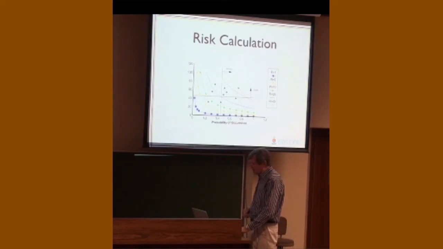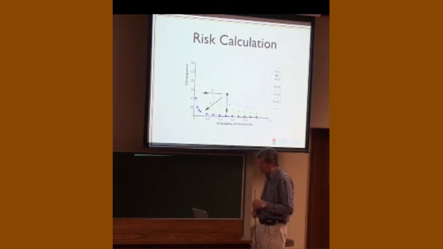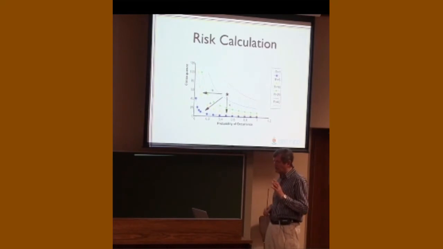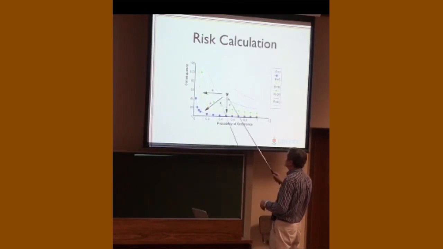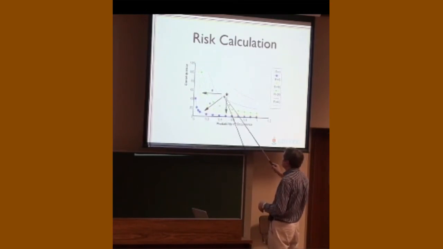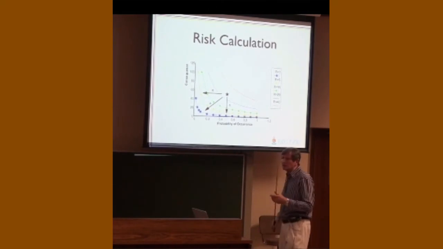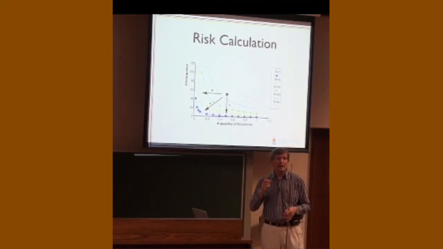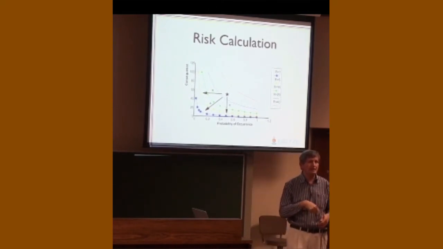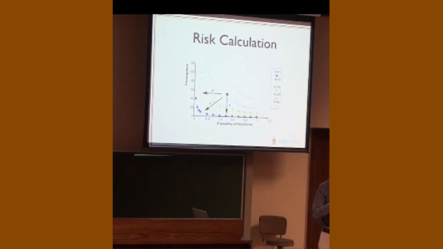So what do we do? If we have a risk situation, how do we try to decrease the risk? The best is if you can do this. If you can reduce both the consequence and the probability of occurrence, that is the best situation that you can be in.